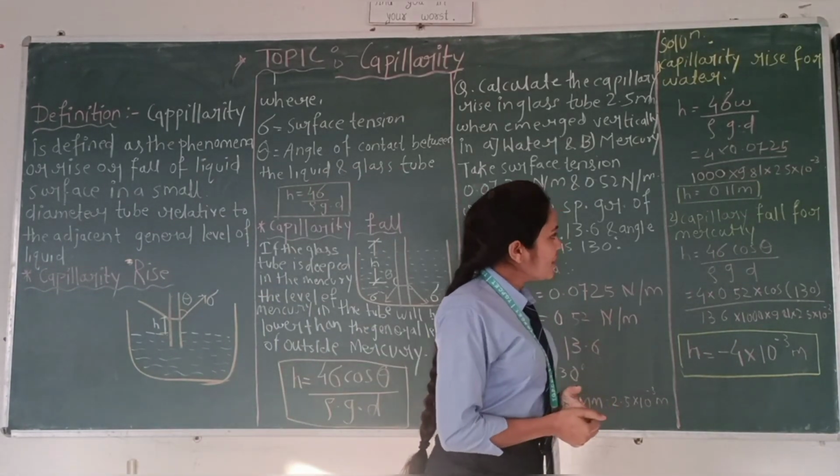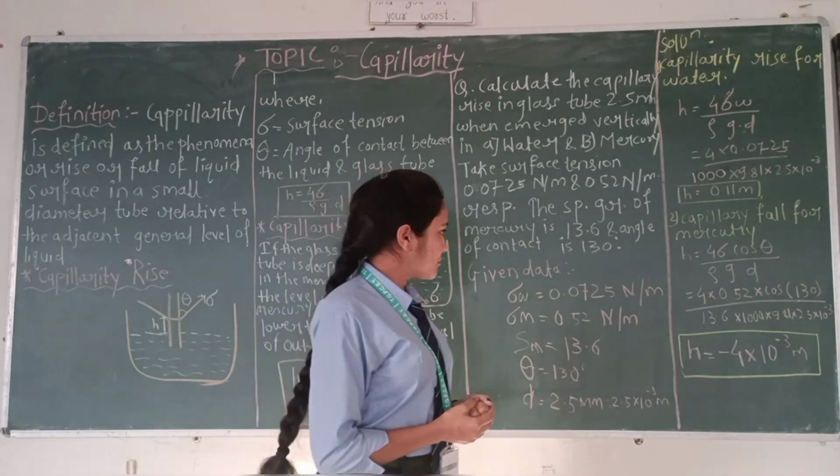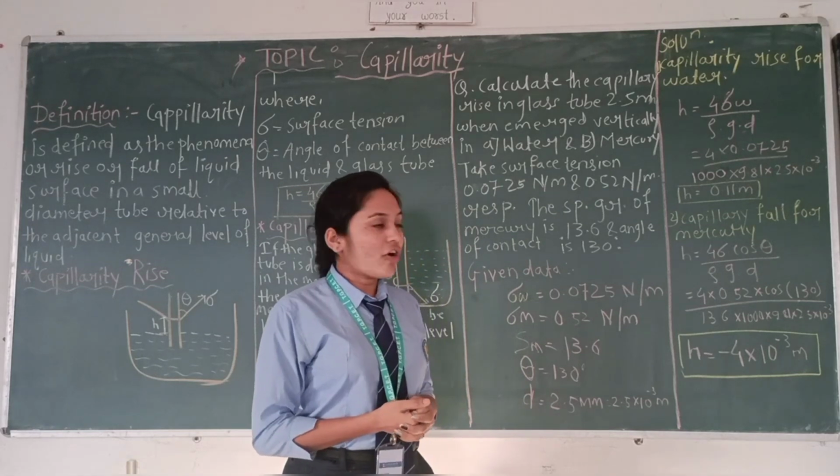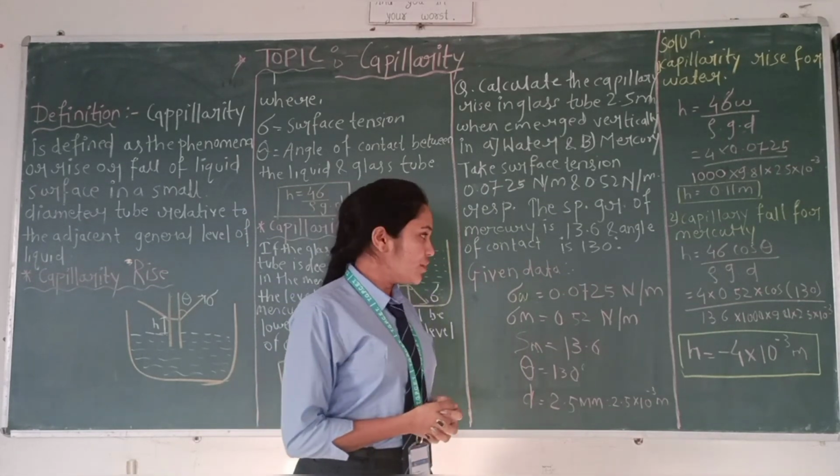Second, capillary fall for mercury. Put the formula h = 4 sigma cos theta / (rho g d).